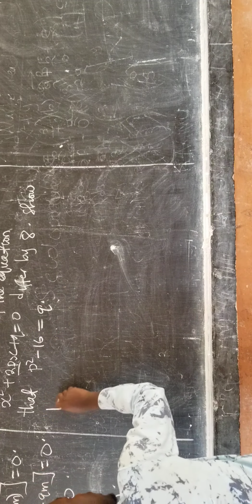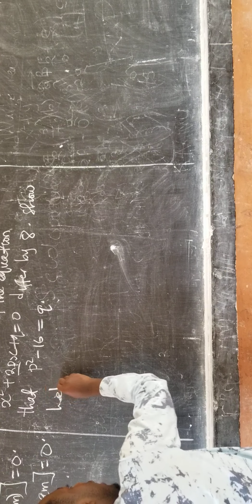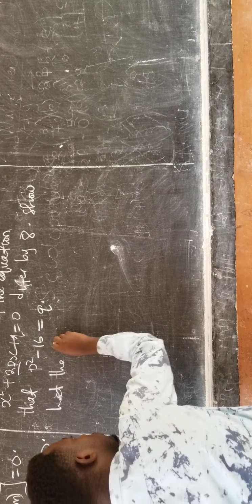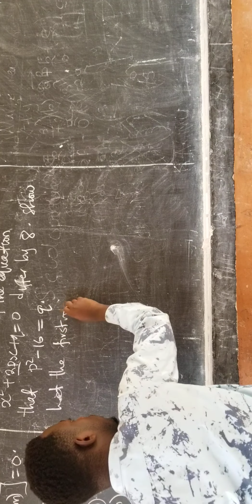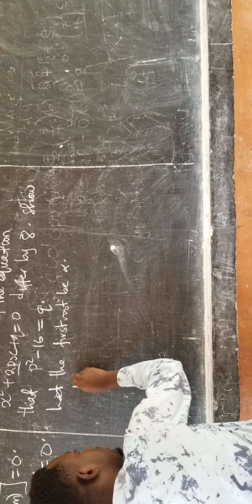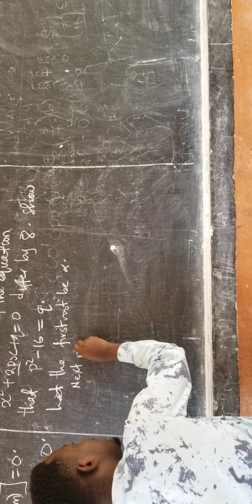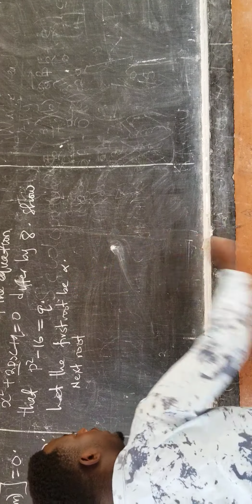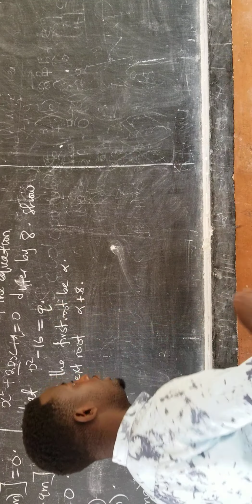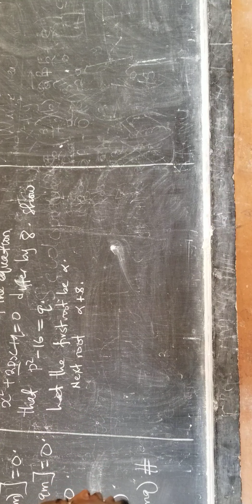So I can say let the first root be alpha. That means the next root must have a difference of 8 from alpha. So I can call it alpha plus 8.